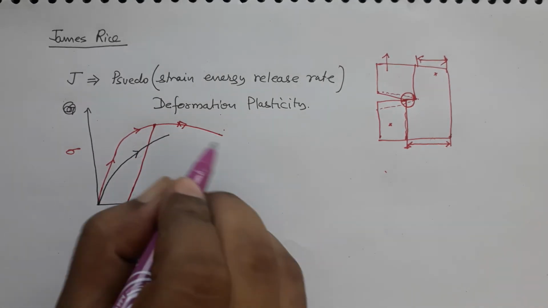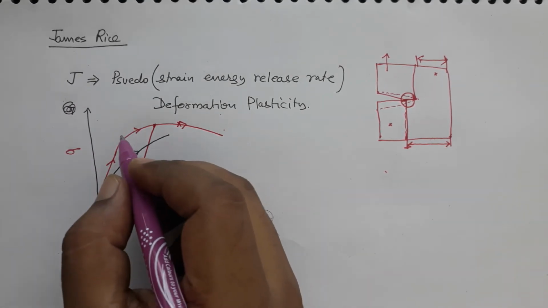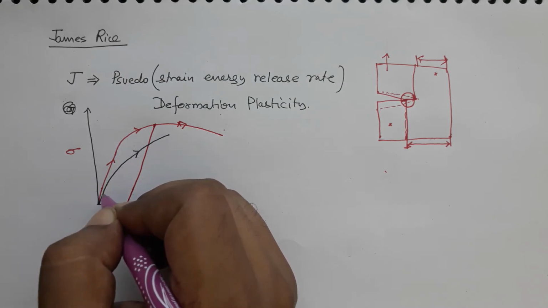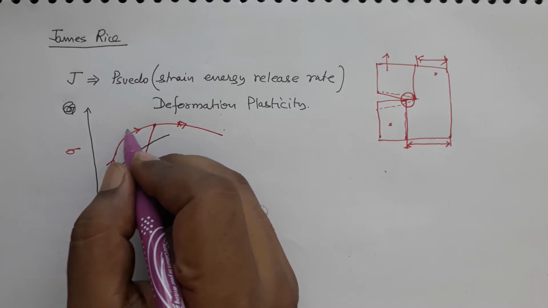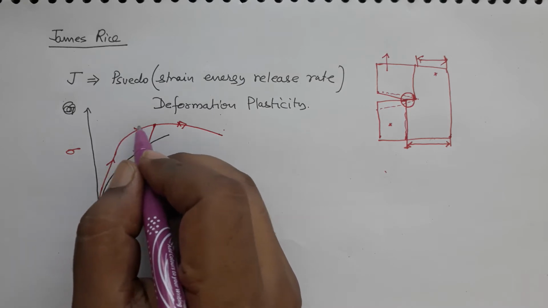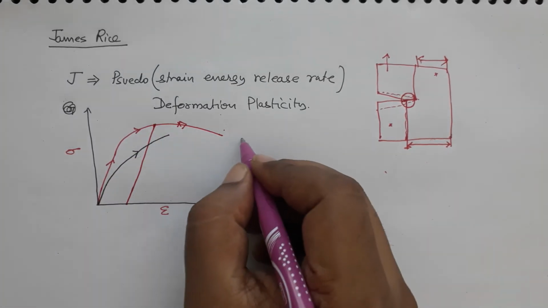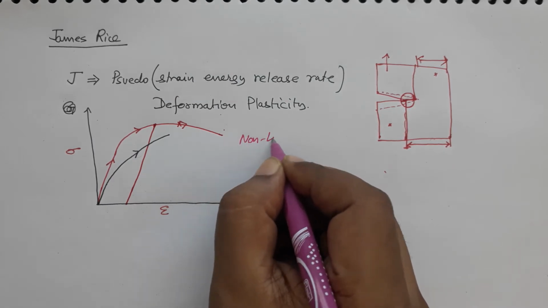We will answer the question of why this concept was used, but at this moment just understand that the J integral concept was developed thinking that the material is deforming elastically, but it follows this path which is non-linear, right. That is why it is called non-linear elasticity.